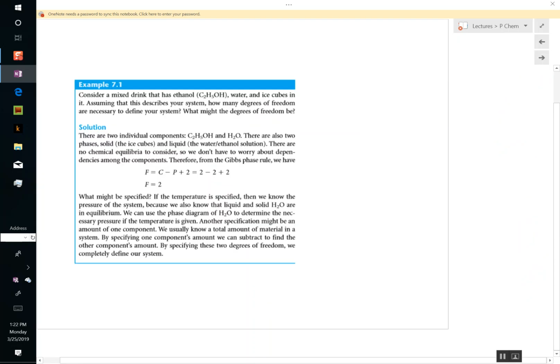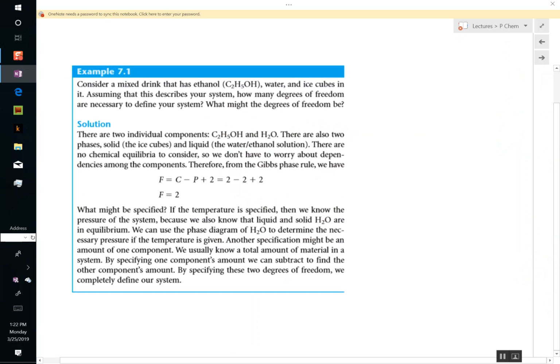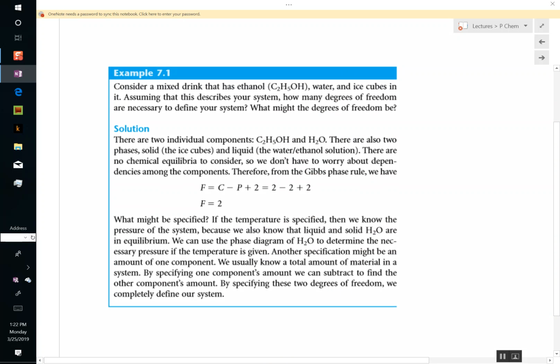Let's just look at this example from your text. Consider a mixed drink that has ethanol, water, and ice cubes in it. Assuming that this describes your system, how many degrees of freedom are necessary to define your system? All right, so there are 2 individual components.